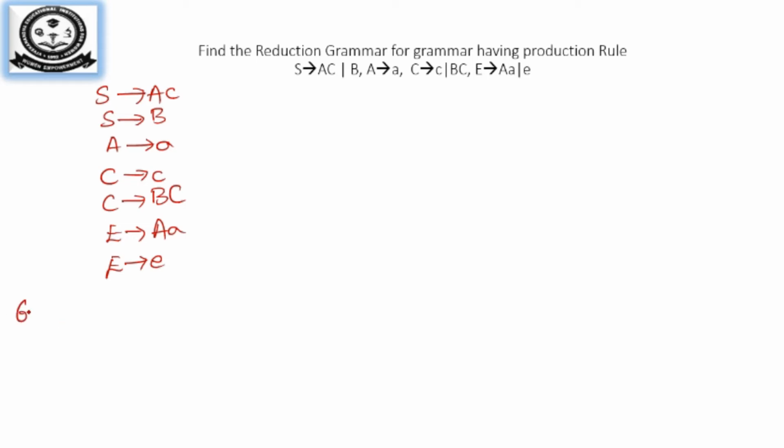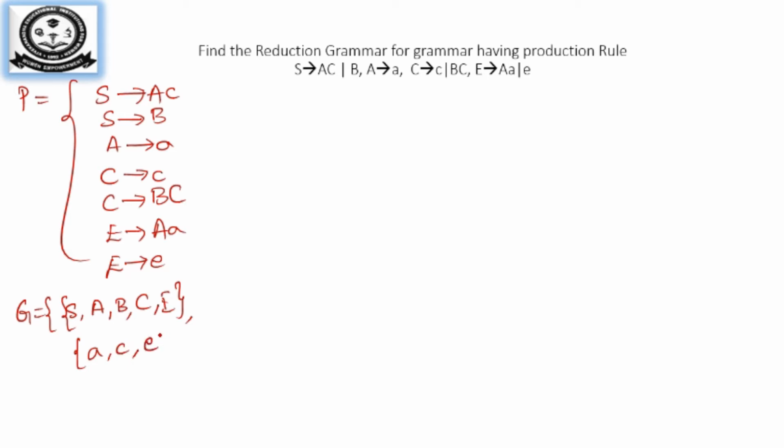So G is going to be, and these are the production rules. The context-free grammar has S, A, B, C and E as the variables or non-terminals. And what are the terminal symbols we have here? We have a, c and e.